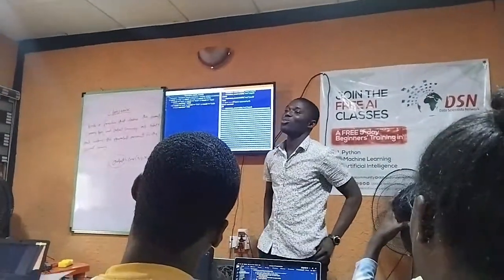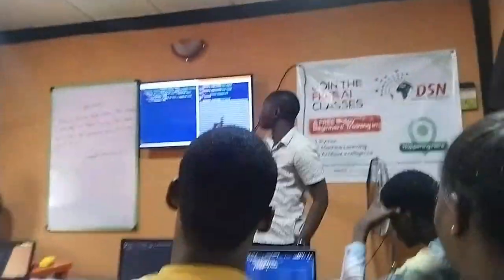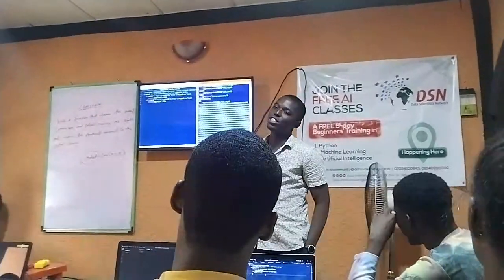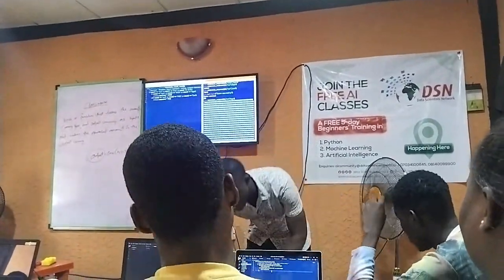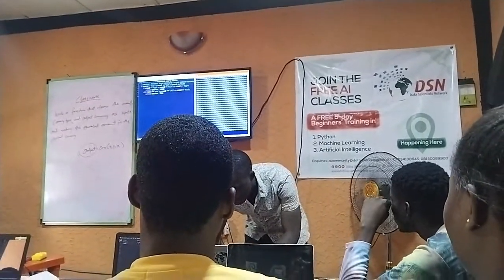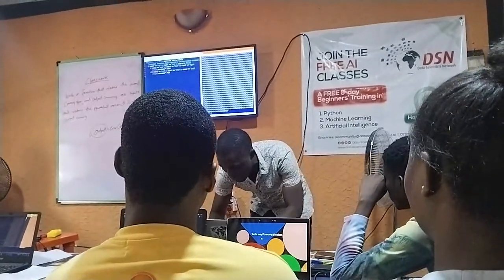So you now understand. But if it's going to be an integer, it will give me 20,000. Now let's do this. Mr. Charles told you something about type yesterday.